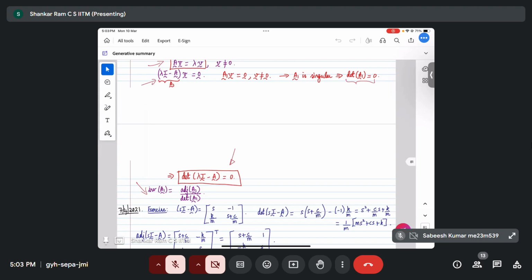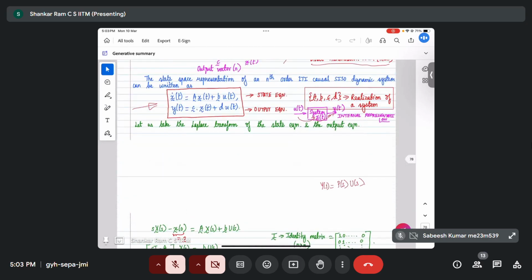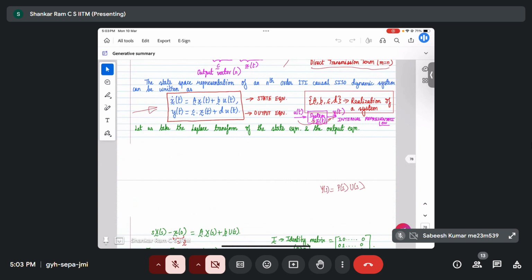So, as I was saying, last class we were looking at the state space representation. The state space representation for the class of systems that we are studying is x dot equals Ax plus Bu, y equals Cx plus Du.